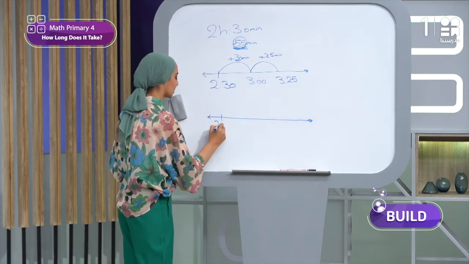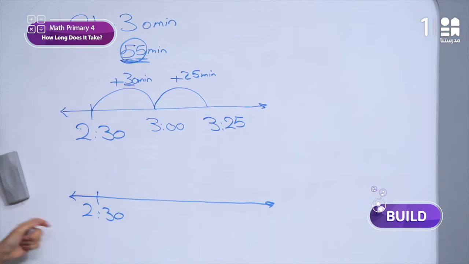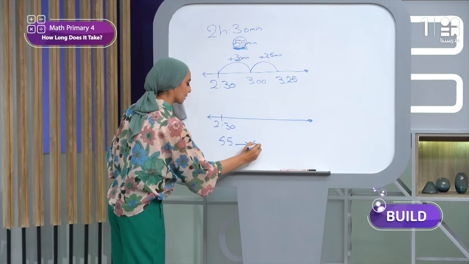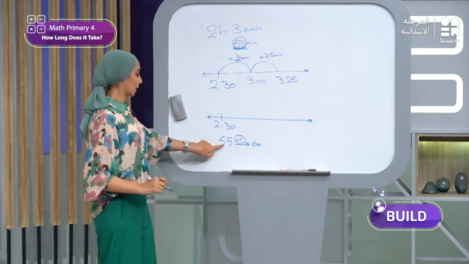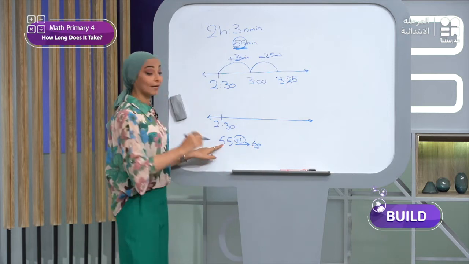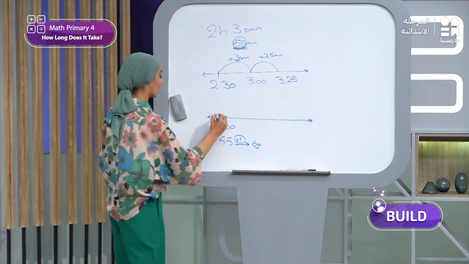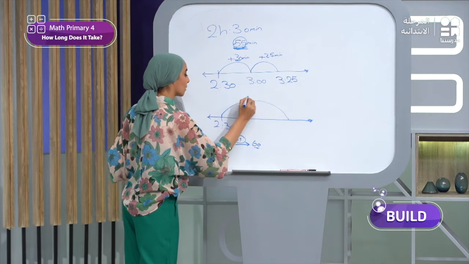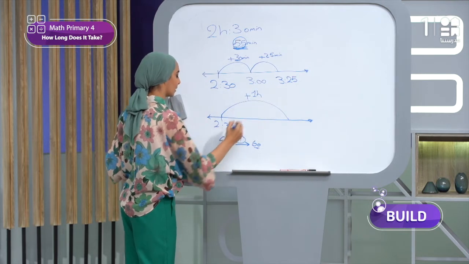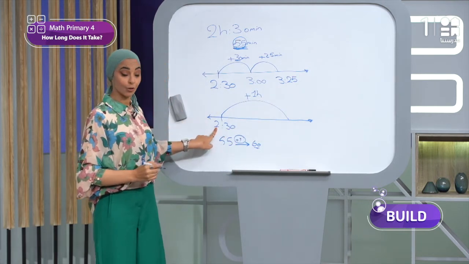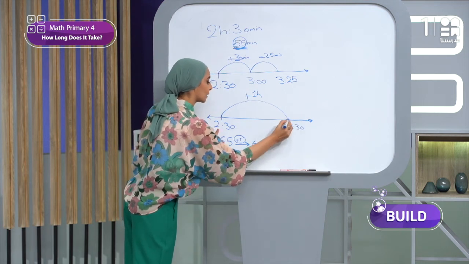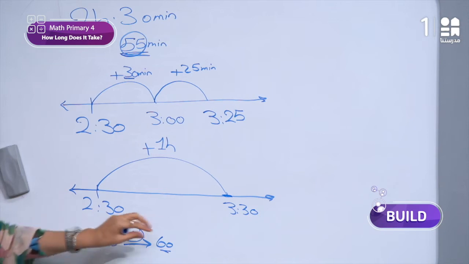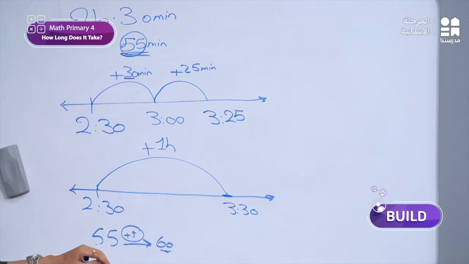Here I have 2:30. طيب أنا قلت ال 55 minutes عايزة أوصلها ل 60 minutes. يبقى عملت إيه plus 5 minutes, right? اوكي يبقى 60 minutes معناها ان انا هزود 1 hour. تعالوا كده نزود 1 hour. لما ازود 1 hour هوصل لفين؟ هوصل to 3:30.